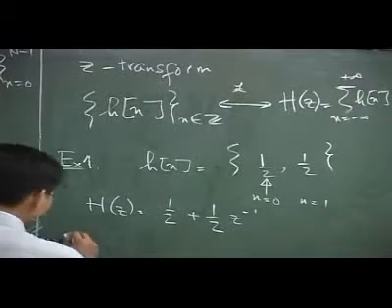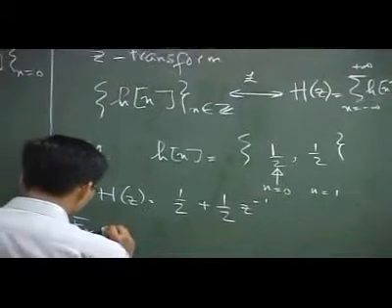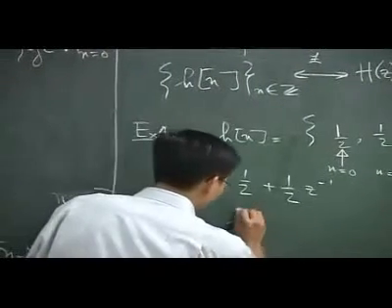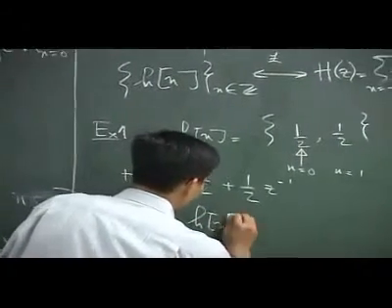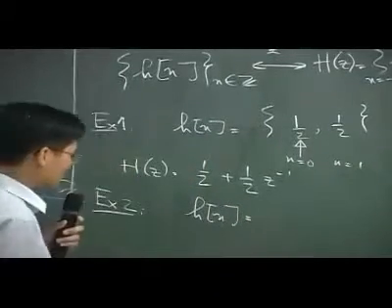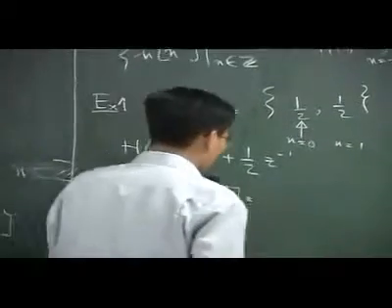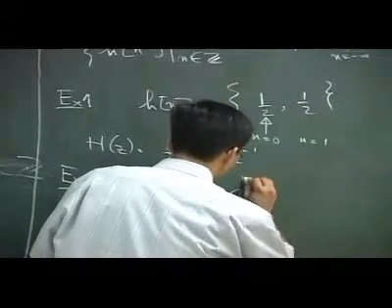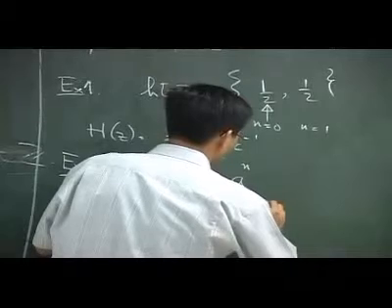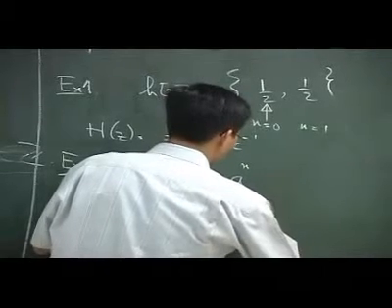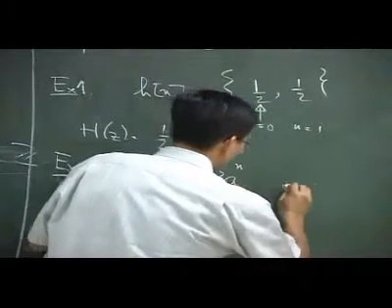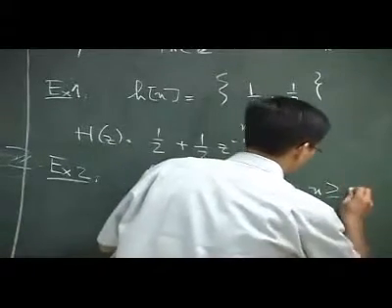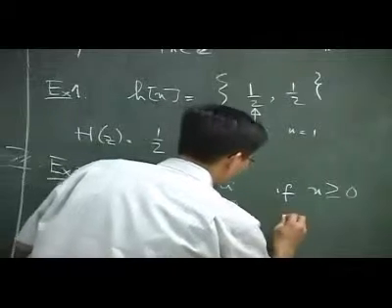Another one, example 2 here. Now I have this filter h(n), but now I make it a little bit more complicated, and I make it equal to a to the power of n, if n is greater than or equal to 0, and 0 else.